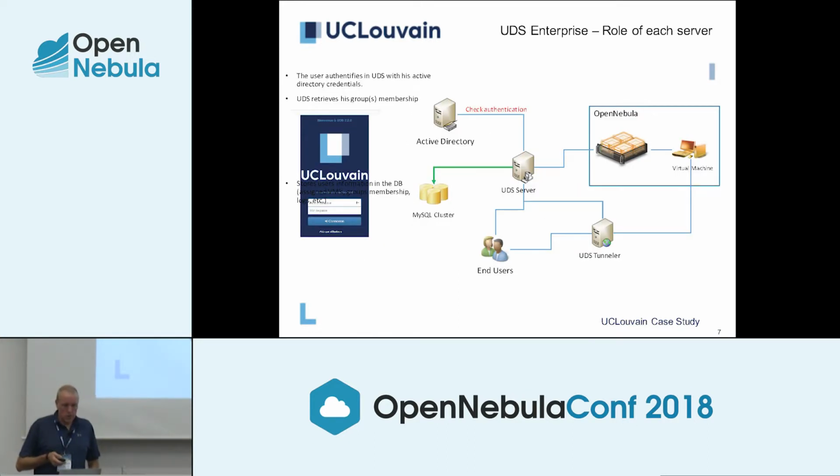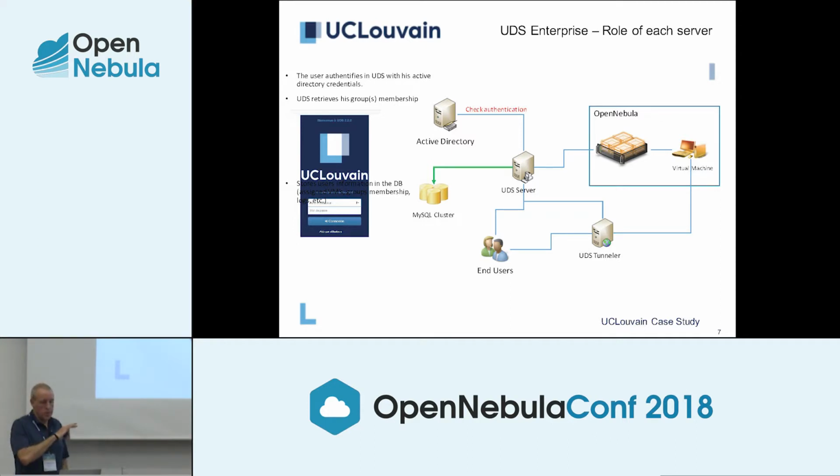So how does it work now? The user authenticates on a web page. You see here we have customized the web page. The web page is on the UDS server, and the UDS server checks the authentication in the Active Directory and retrieves the information about the user.